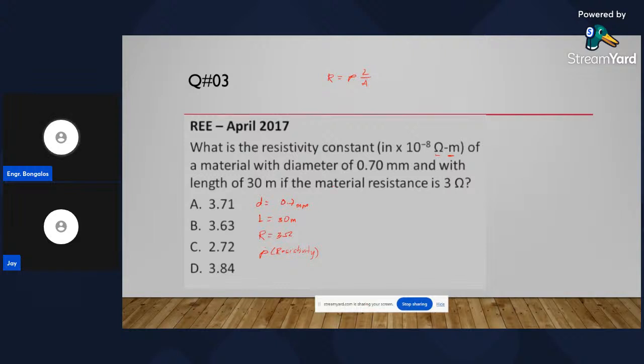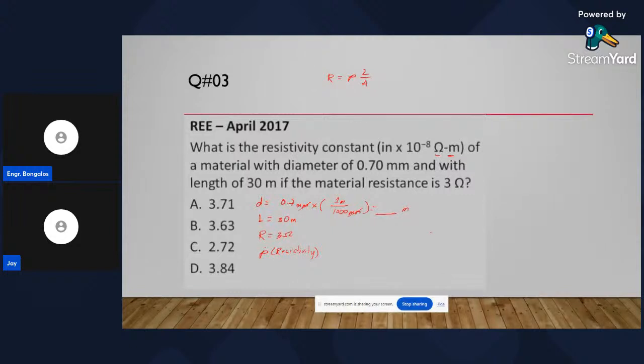So convert natin 'to into meter. So 0.7 mm kapag kinonvert natin siya into meter, multiply lang natin siya by, so ang 1 meter meron tayong 1,000 mm. So cancel 'to, cancel din 'to. So ang sagot dito is naka-meter na 'to.